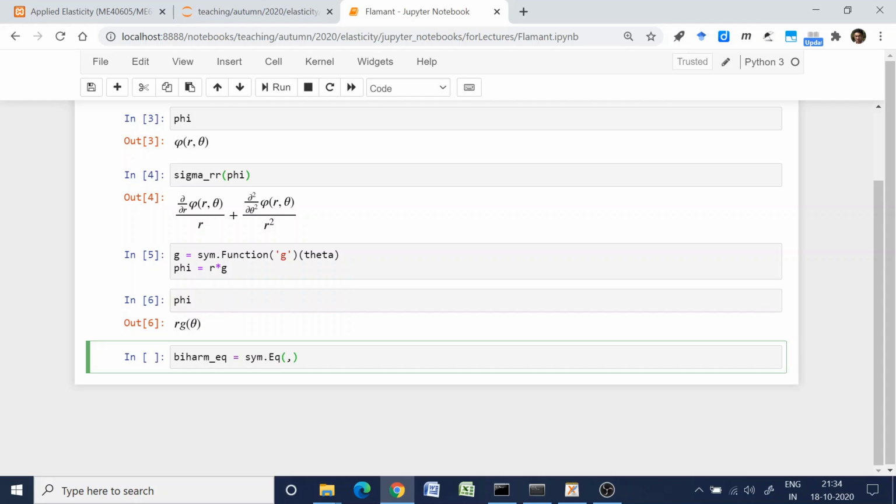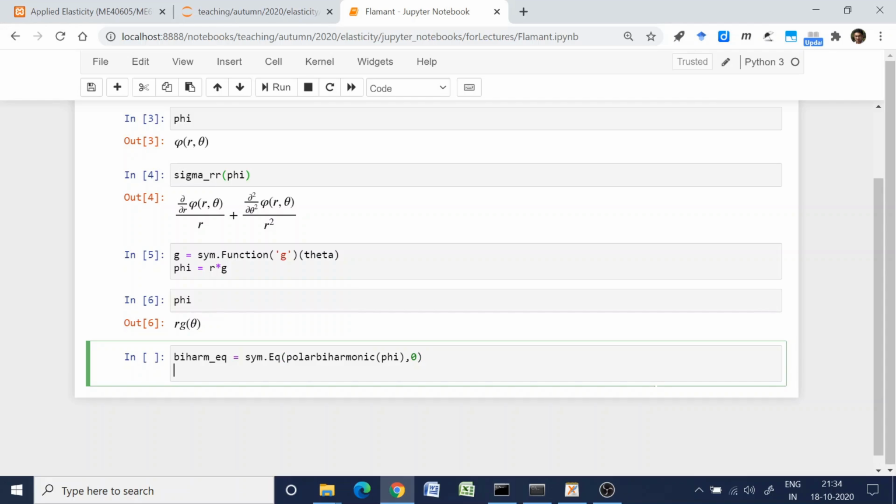We put a comma, and again, as we have done earlier, on the left hand side of the comma we will utilize our polar biharmonic function definition, as we have already done in the polar utilities package. And on the right hand side we have 0. So this is our biharmonic equation. Let us display this.